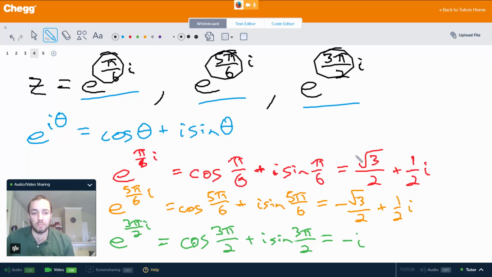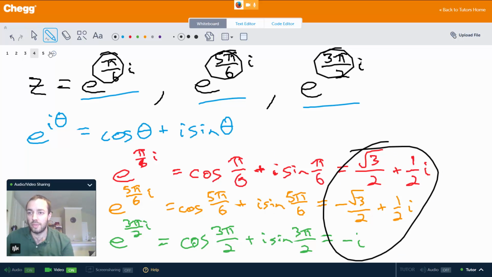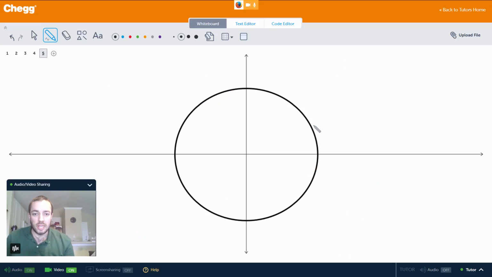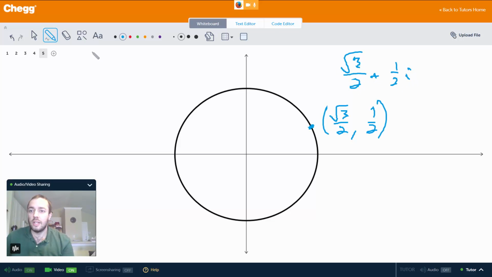So if we were to plot these points on the unit circle, root 3 over 2 plus 1/2 i would be right about here. Use a different color. Okay, so this is root 3 over 2, comma 1/2, or in terms of complex numbers, it's root 3 over 2 plus 1/2 i.